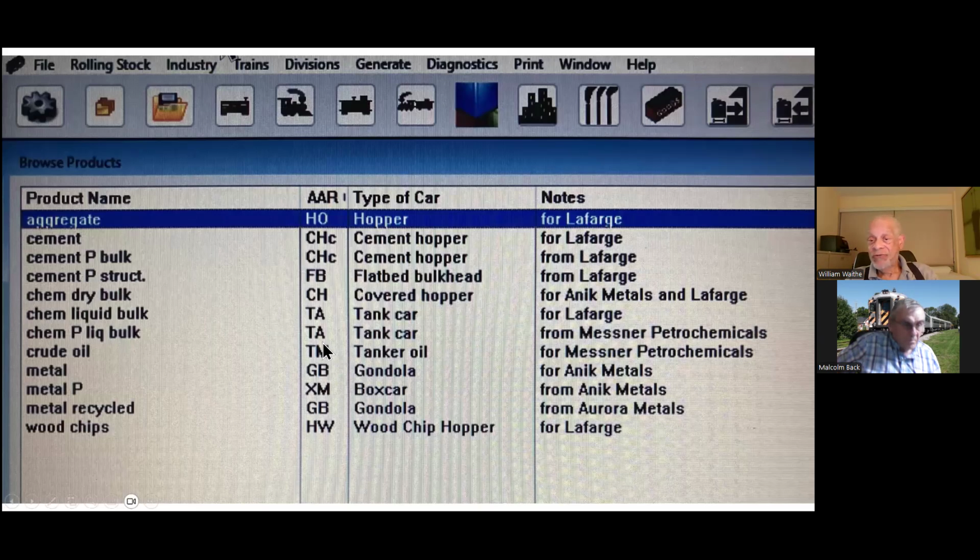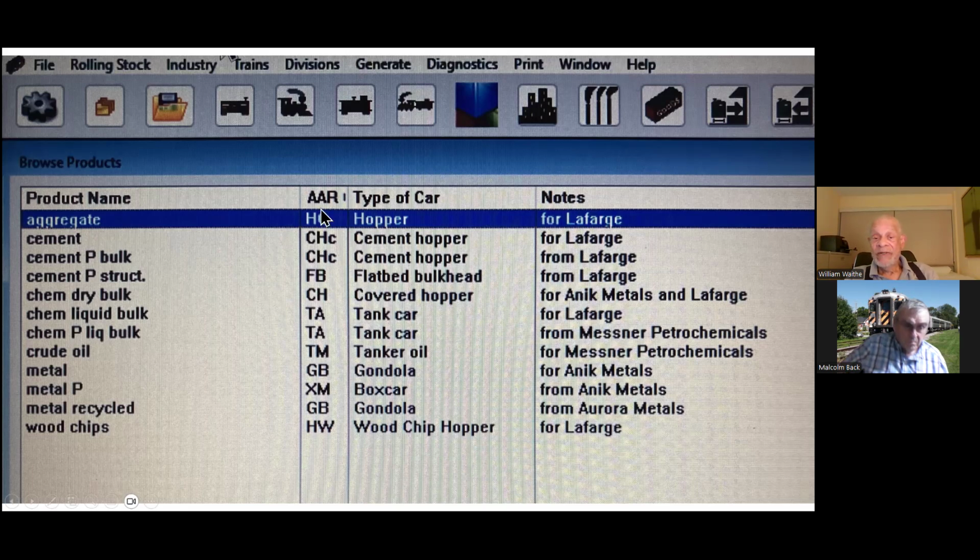This is a screenshot of the products part of the database. As you can see, for example, for the cement plant, we have products that are carried in cement hoppers or open hoppers, cement structures that are carried on flatbeds, and chemicals in tank cars, and so on.